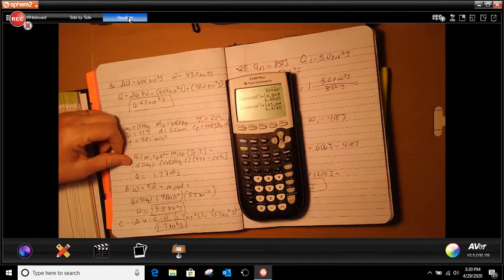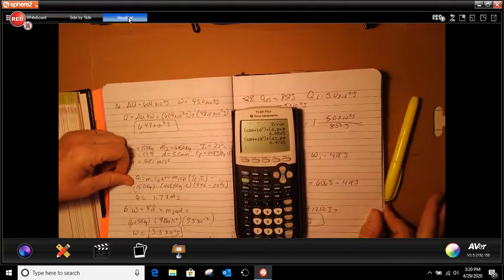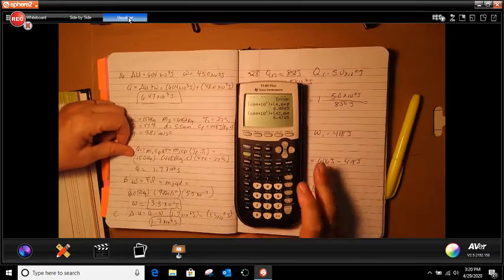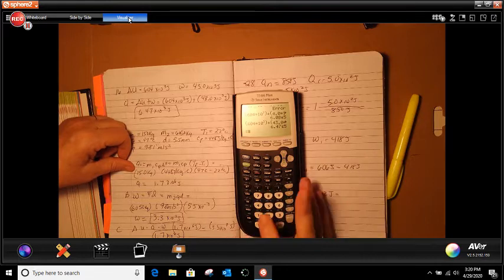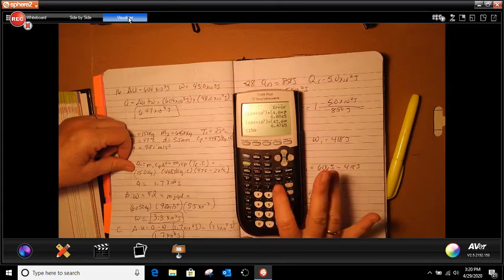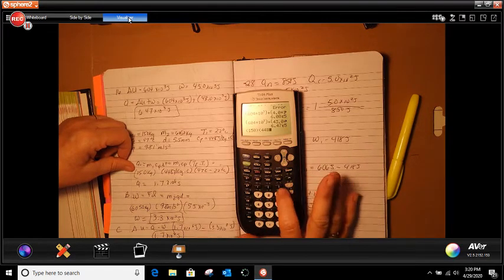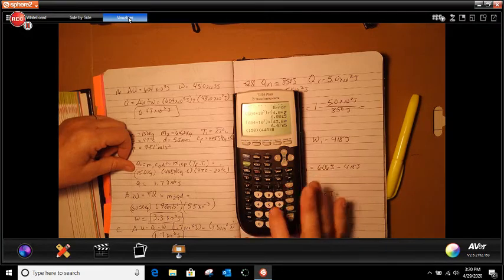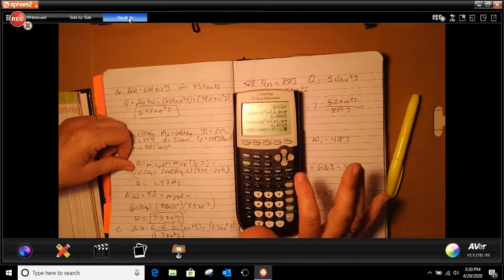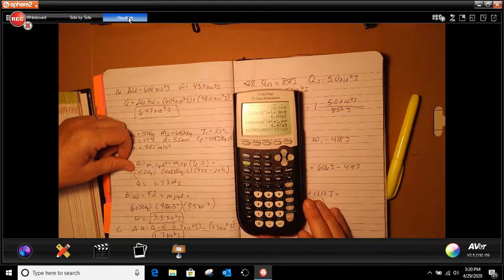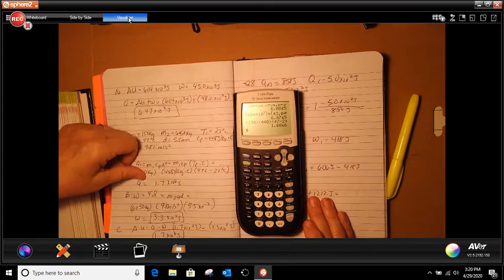So for A, open bracket 150, close bracket, 448, close bracket, open bracket 47 subtract 22, close bracket, enter, and we get 1.68 times 10 to the 6, which I rounded up to 1.7 times 10 to the 6.